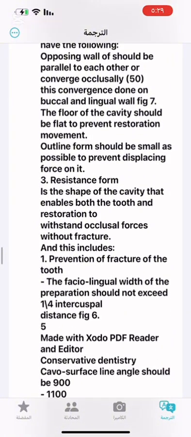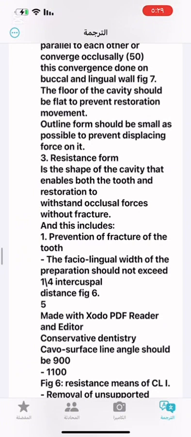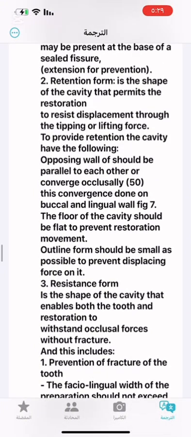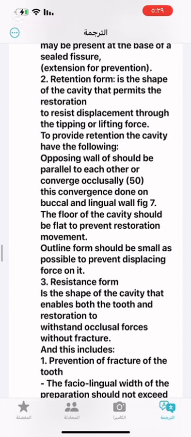2. Retention form is the shape of the cavity that permits the restoration to resist displacement through tipping or lifting force. To provide retention, the cavity should have the following.